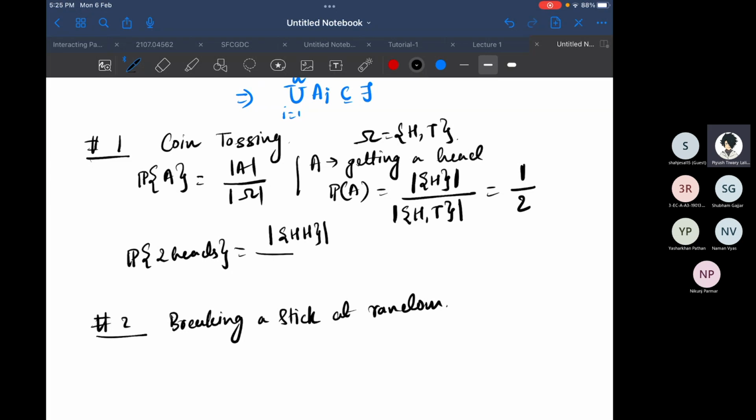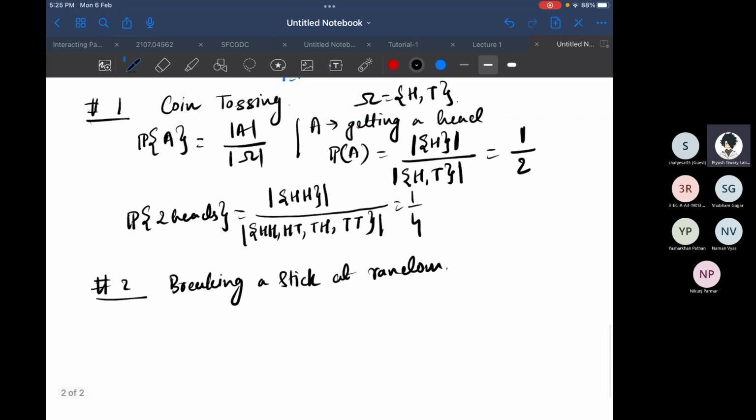And the total possible outcomes are head head, head tail, tail head, tail tail. I take the cardinality of this, and it becomes 1 by 4. This is the typical way of calculating any probability, and I can do some combinatorics, it's just a counting problem afterwards.